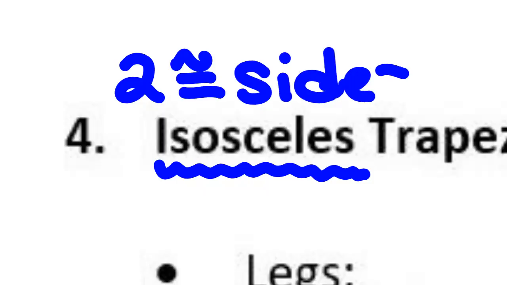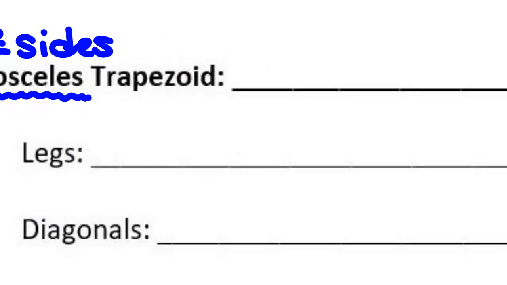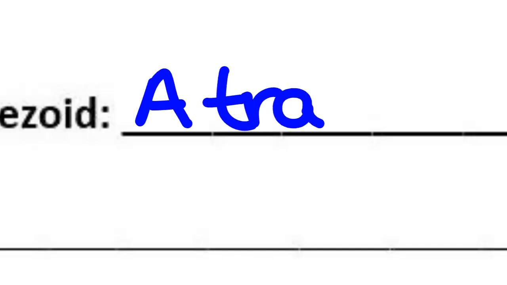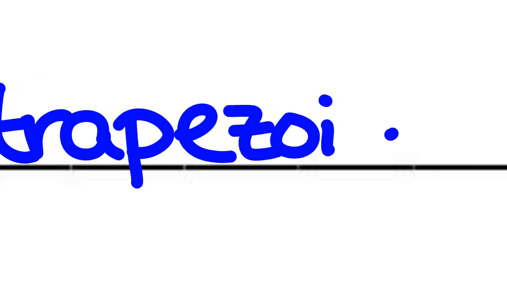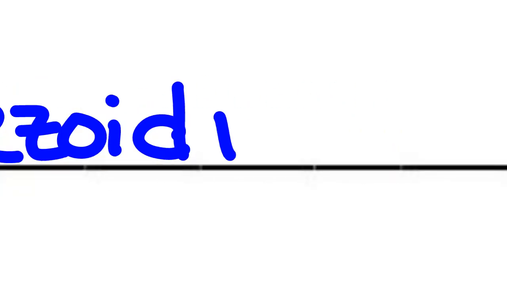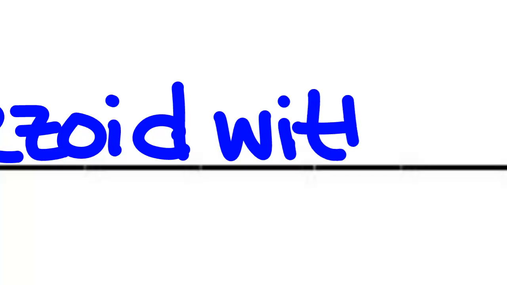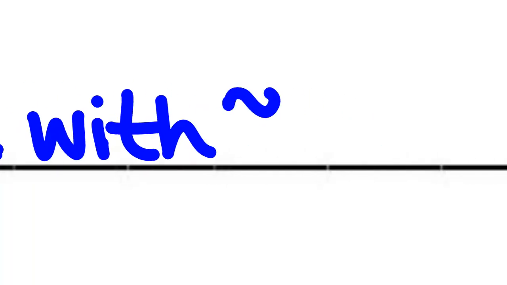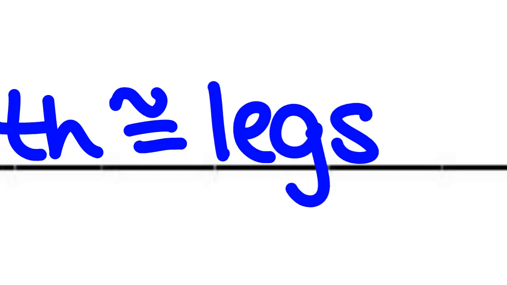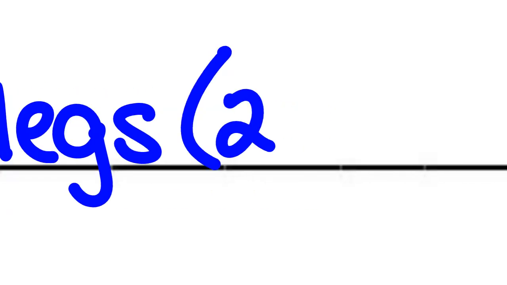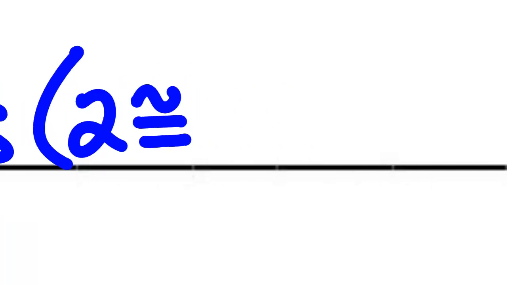Same thing is true for my isosceles trapezoid. This is a trapezoid with congruent legs. So there's those 2 congruent sides.